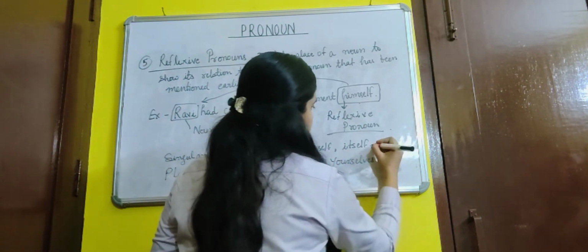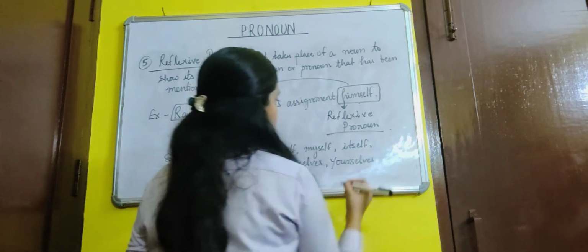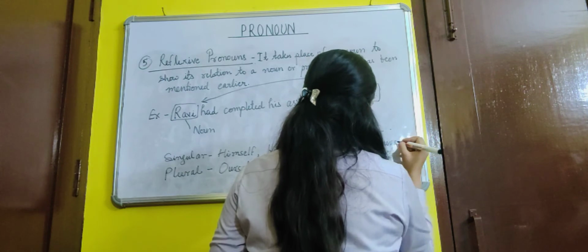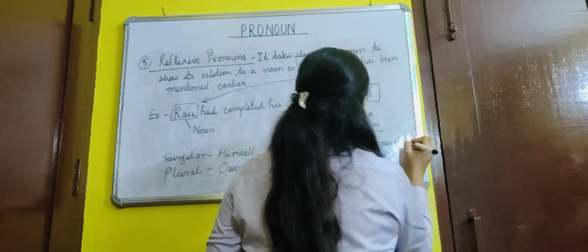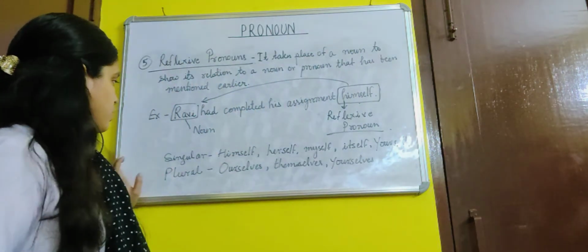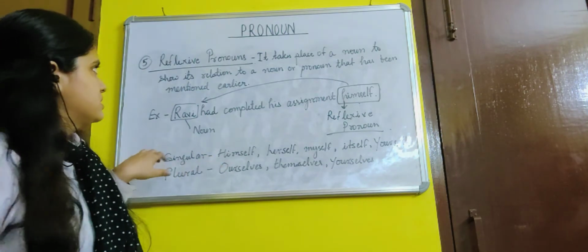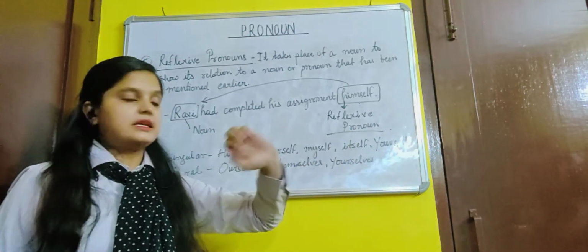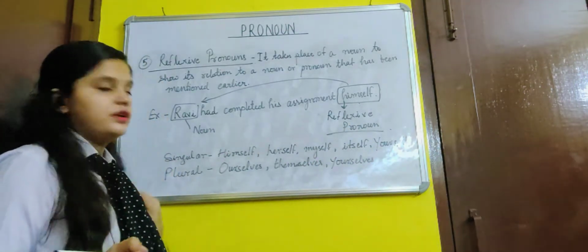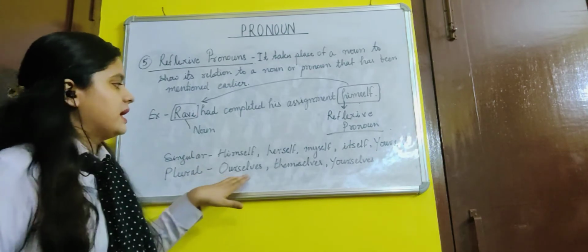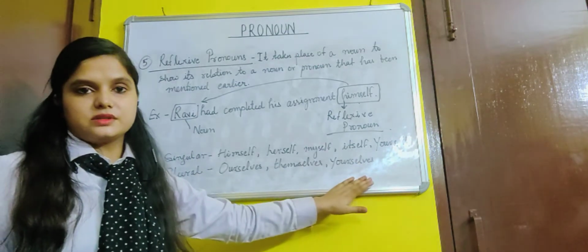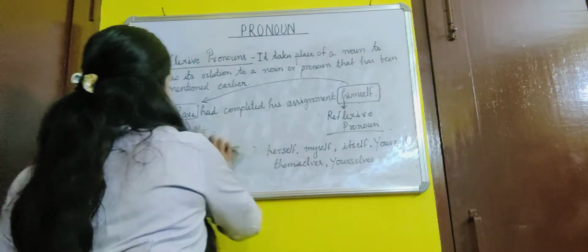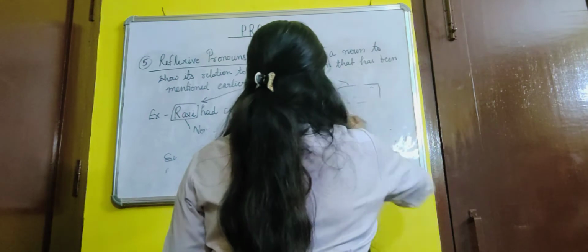Yourself. Okay, but if we are talking about a singular, then you will say yourself. Okay, so with singular we use reflexive pronouns like himself, herself, myself, itself, yourself, and with plural we use reflexive pronouns like ourselves, themselves, yourselves. Okay, now move to the next type of pronoun.